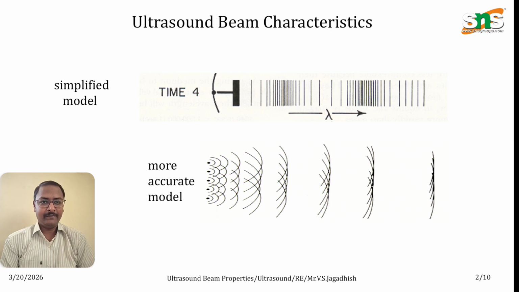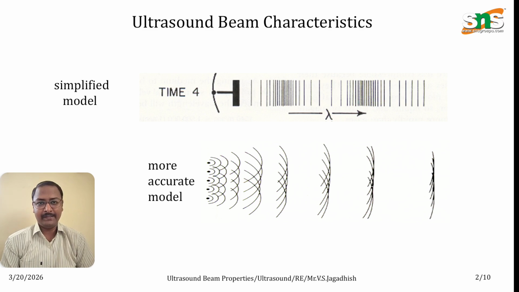When these waveforms move together in the same direction, they combine at a particular distance or point. Here we are going to see constructive and destructive interferences.